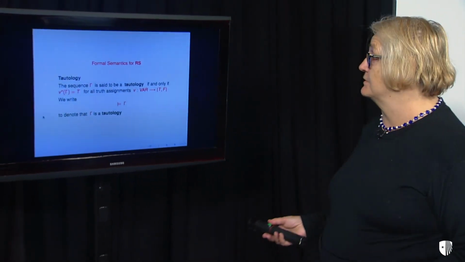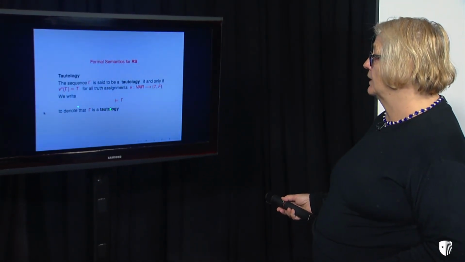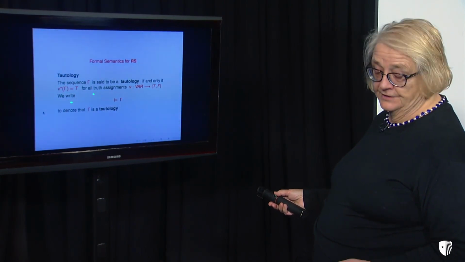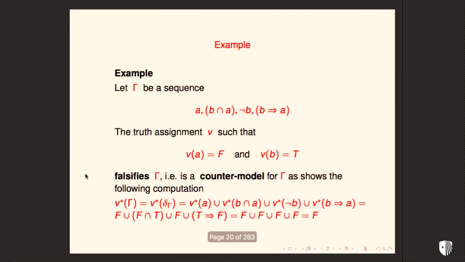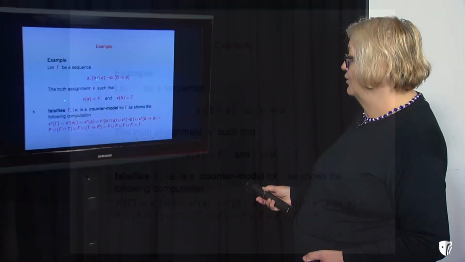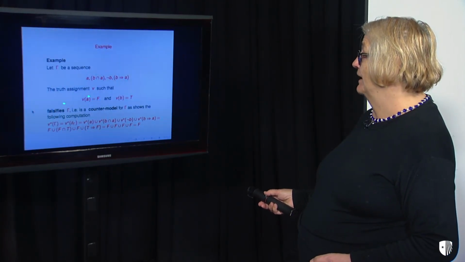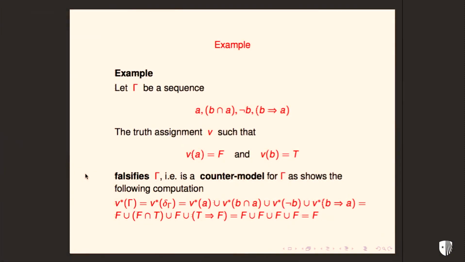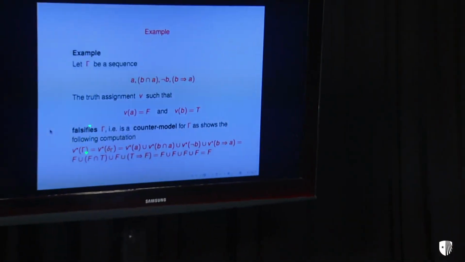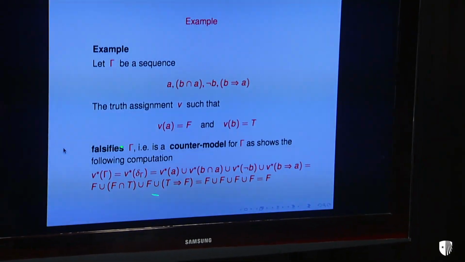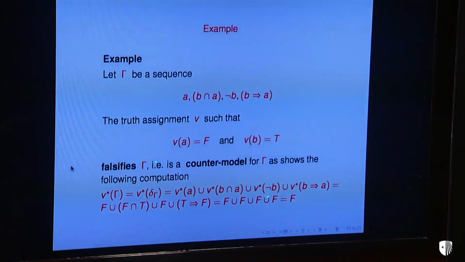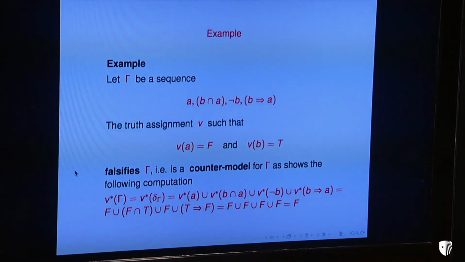So a sequence gamma is a tautology, and we denote it like that, if for all v, v star gamma equals T. So for example, here is a very simple example. If we have this gamma, a sequence of formulas, and a truth assignment with F on A and T on B, then you compute v star gamma in shortened notation, you get this, and you have that it is F.